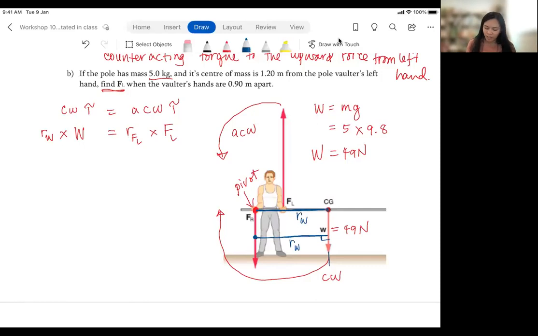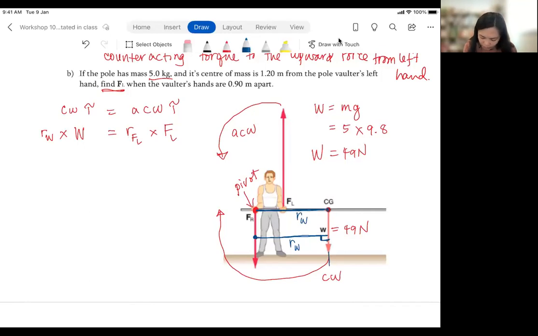But if it's difficult to visualize that, you can always relocate your pivot point along the vertical axis. The key idea is that the moment arm and the force should form this 90-degree angle. Okay, now how do we find RW?